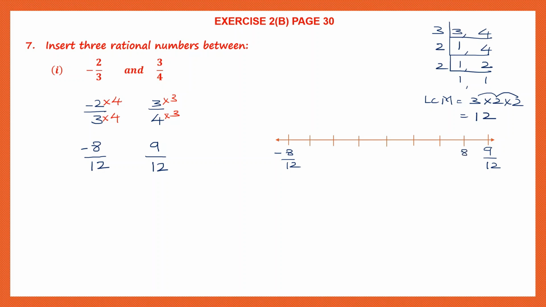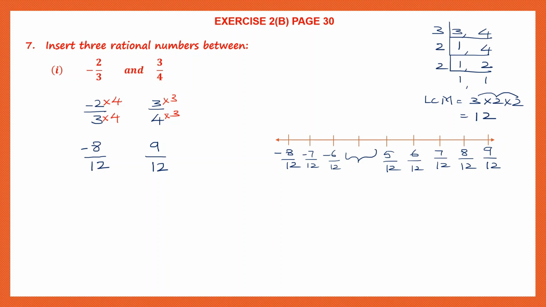Now I can say 8 by 12 here, 7 by 12, 6 by 12, 5 by 12 and so on. And this side here also I can say minus 7 by 12, minus 6 by 12, and a lot of other rational numbers will come in between.